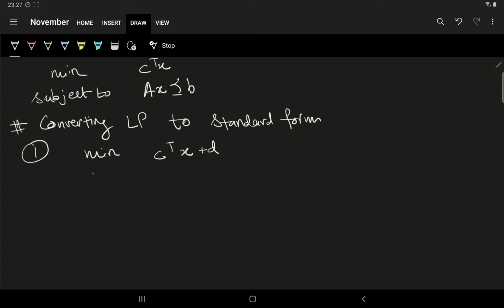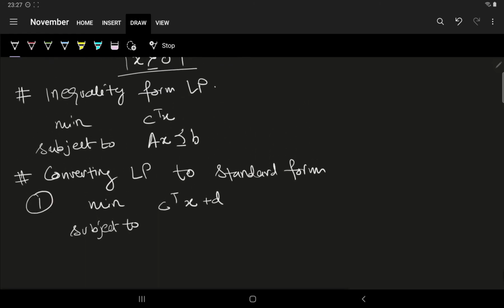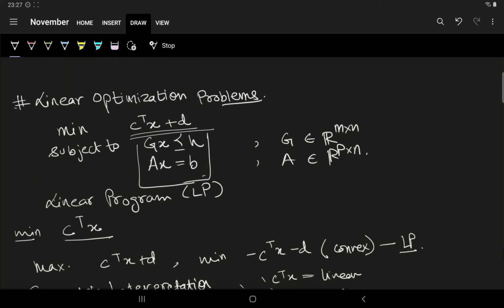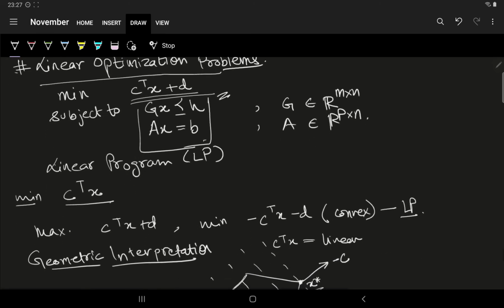So we minimize this subject to, bringing it from the form we stated initially to the standard form.